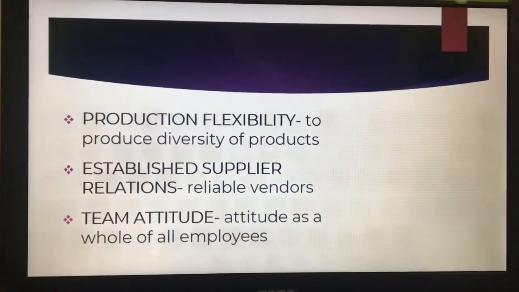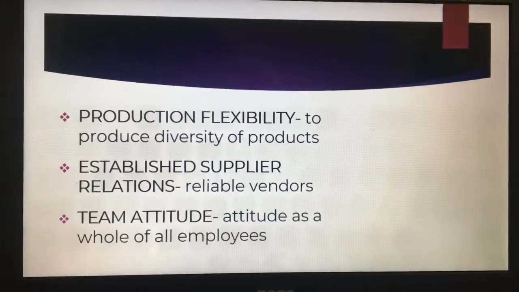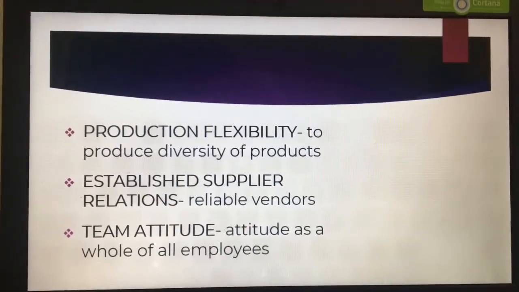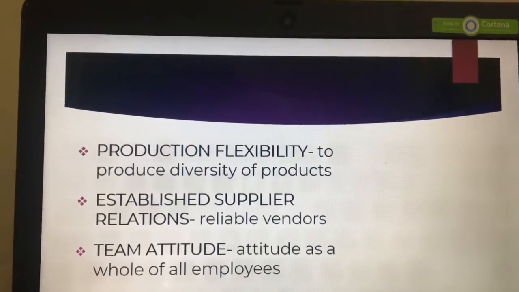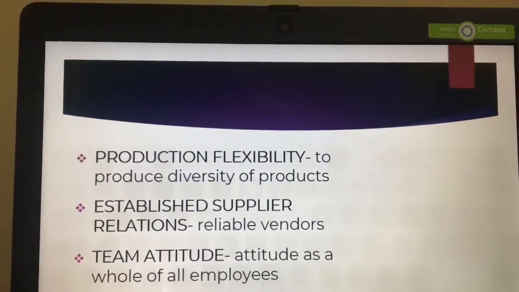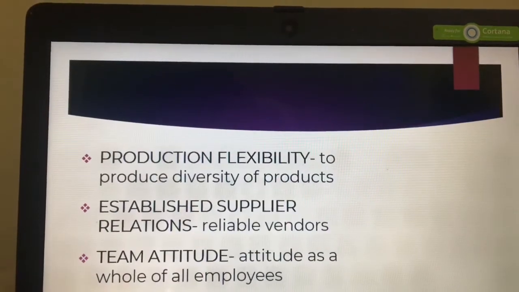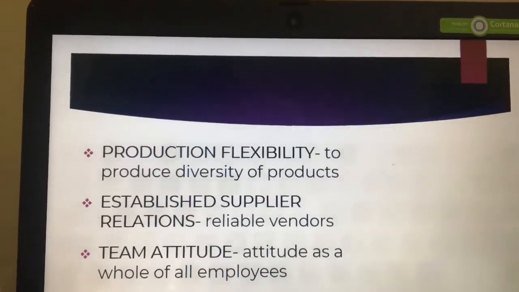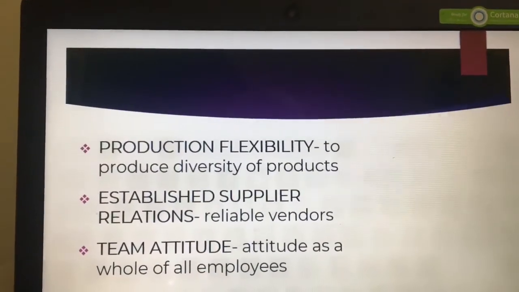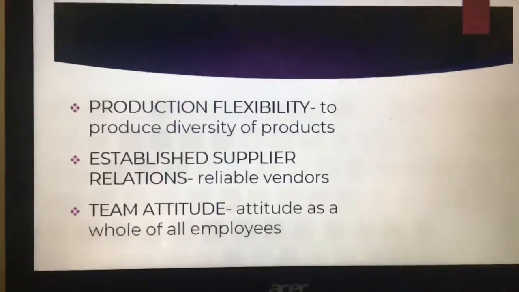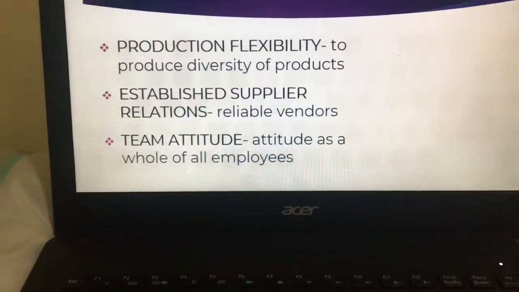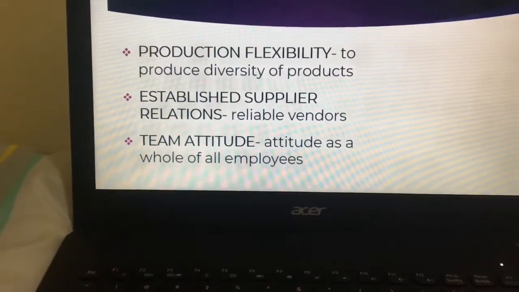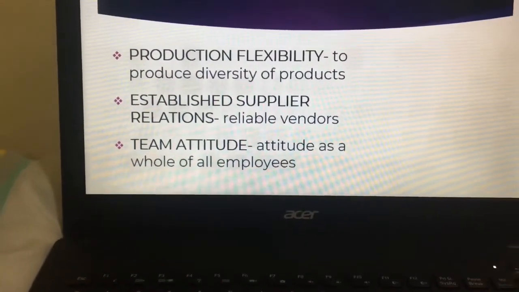Because of that, the company needs to reduce setup time to a minimum, which allows them to produce a greater diversity of products quickly without sacrificing efficiency at lower volume of production. And the next one is establish supplier relations, which is a reliable vendor.